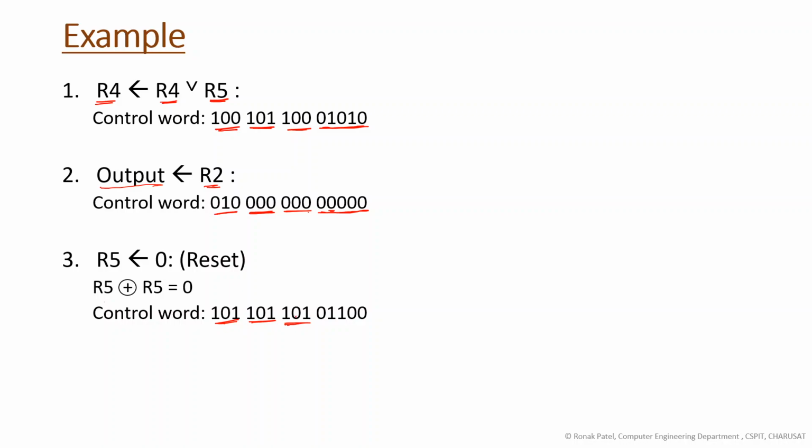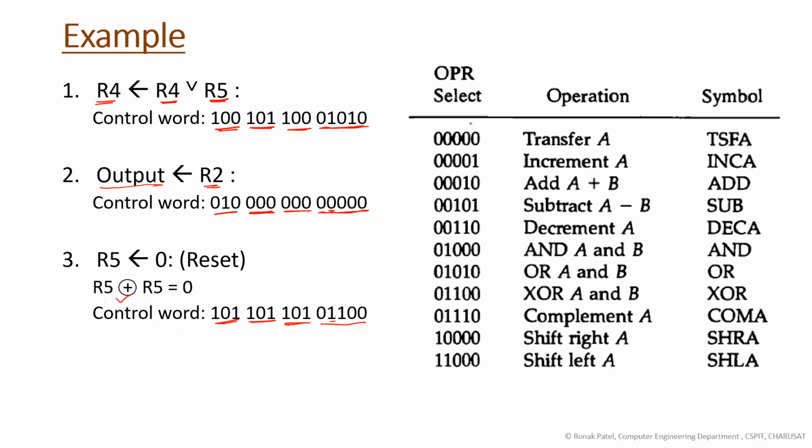Now what do we want to perform? We want to perform XOR between A and B. This is the operation code for XOR, that is 0 1 1 0 0. You can see 1 means logical operation. Let's verify OR: where is OR? This, 0 1 0 1 0. So yes, it is OR.